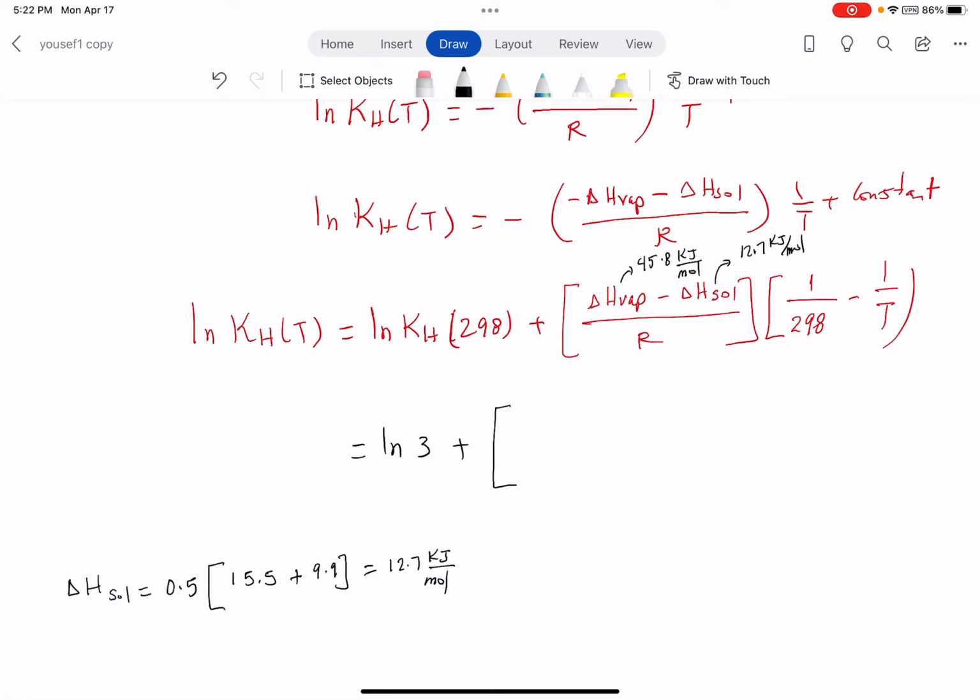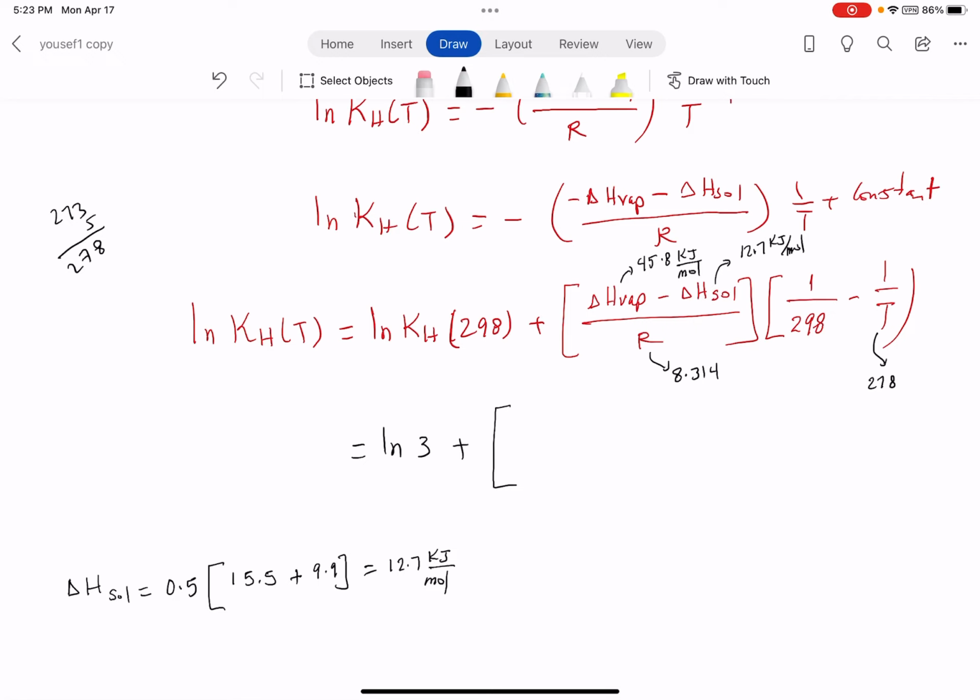And for R, we use 8.314 only when the units match. Since we have kilojoule now, we should use the other R. And this temperature is 5 degrees Celsius, so 273 plus 5 is 278.